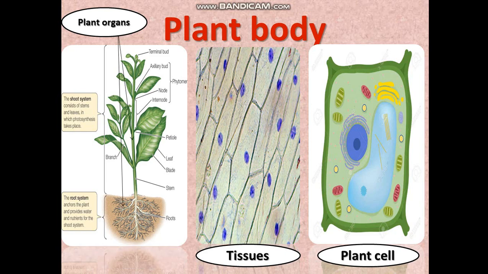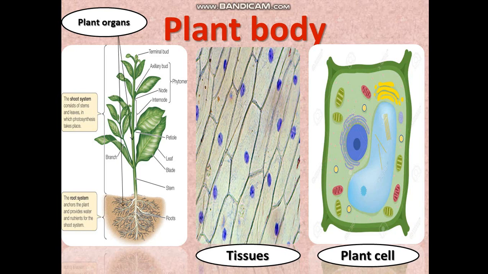So what's the difference between the plant body and the human body? Both of them are made of cells, tissues, organs, and systems. But as we know, in the human body, the systems are the digestive system, respiratory system, circulatory system, nervous system, urinary system, and reproductive system.